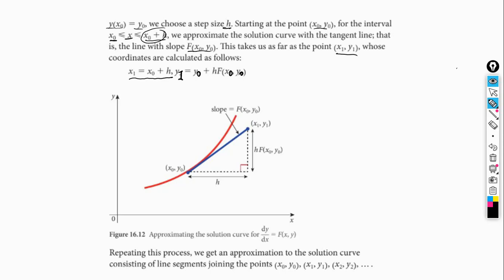Notice that f(x sub 0, y sub 0) is the slope of this line, and that the new point (x1, y1) is found by adding the step h to x and by multiplying h times the original slope and adding that to y sub 0. Repeating this process, we get an approximation to the solution curve consisting of line segments joining the points (x sub 0, y sub 0), (x sub 1, y sub 1), (x sub 2, y sub 2), etc.